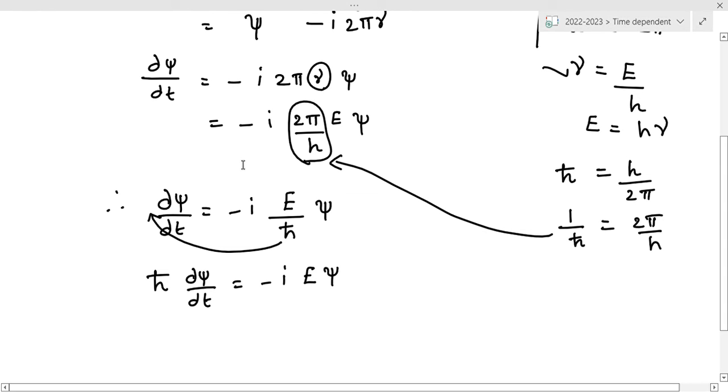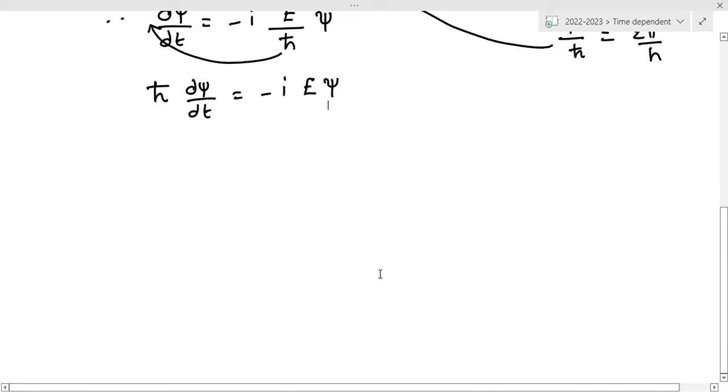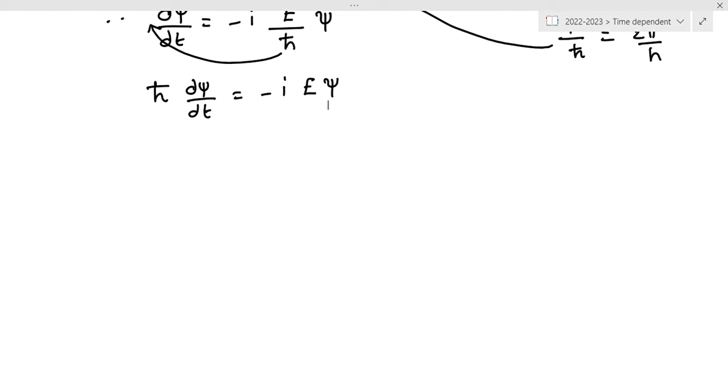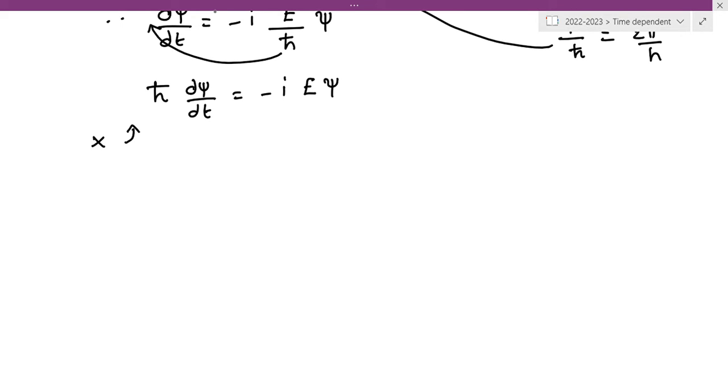Now the i and minus are here. So multiply the above equation with i on both sides. We get i h cross dou psi by dou t is equal to minus i E psi, multiplied with one more i, so I will get minus i square E psi.